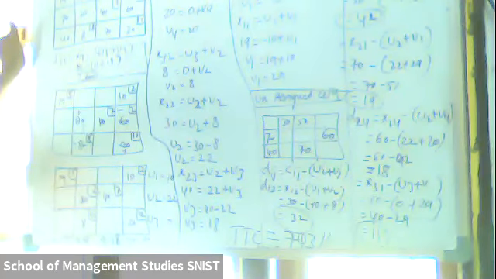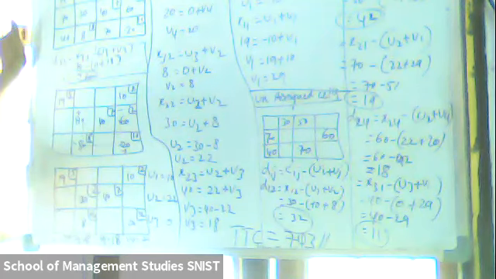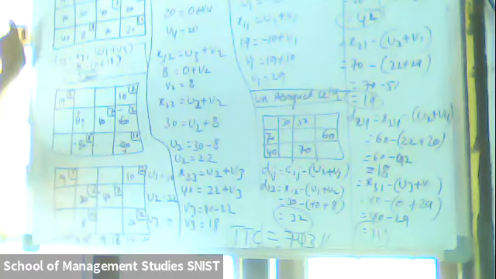In the MODI method, you stop only when all Dij values are positive. If not, we repeat the same procedure until we get all Dij values positive.